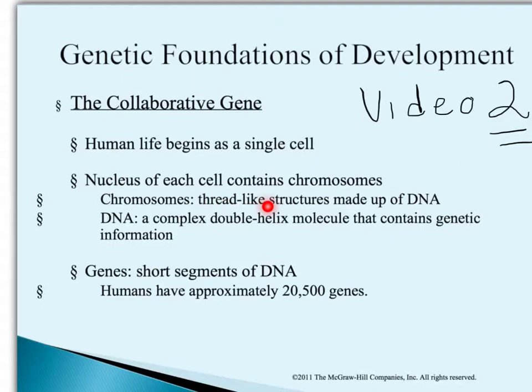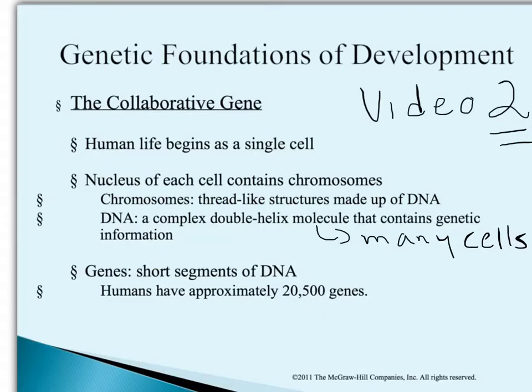Biologically, DNA is complex. It has many parts. It's a molecule. A molecule is made up of many cells. That's all that a molecule is. It's a lot of cells bounded together.